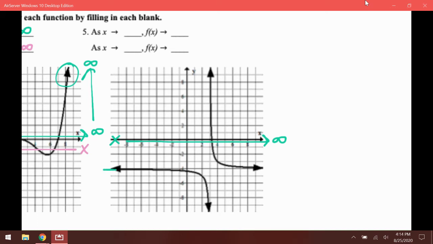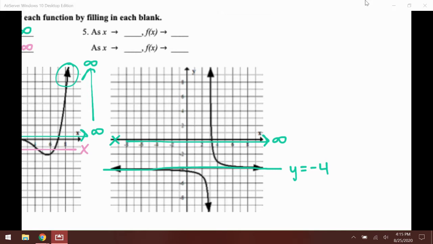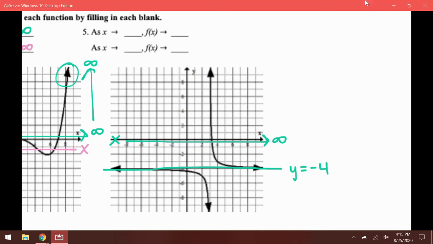Well, they're headed towards right here. They're all approaching this line right here. And this line is at y equals -4. I know this is kind of tricky to think about, but as we are going to the right, all of my y values are ending up, they're trying to approach, get to -4. Okay? So to fill this in, we'd say as x approaches positive infinity, my function is approaching -4.